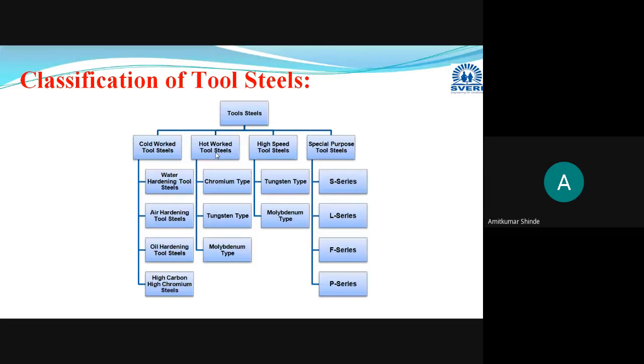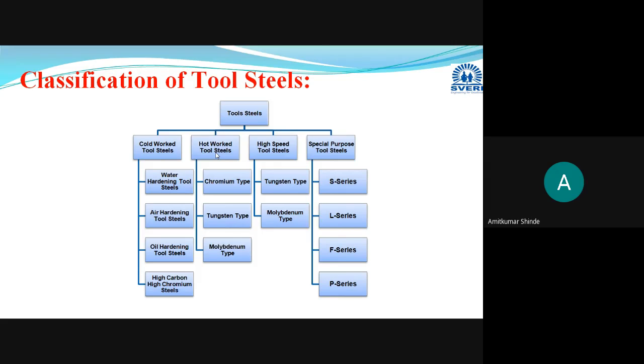Now I have explained on which basis these tool steels are classified in four different types, that is cold worked tool steels, hot worked tool steels, high speed tool steels, and special purpose tool steels. And after that, here I have marked their subtypes also. That is, in the cold worked tool steel, four types are there.